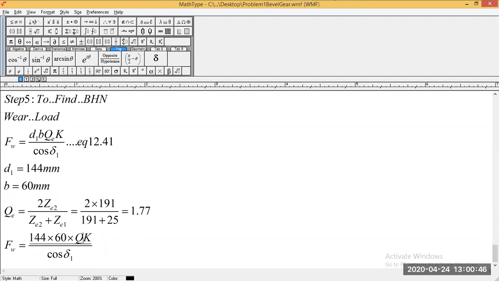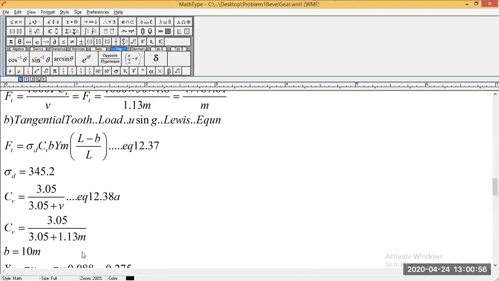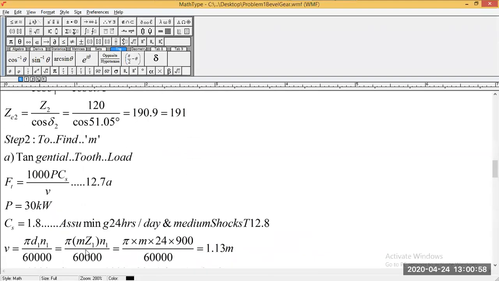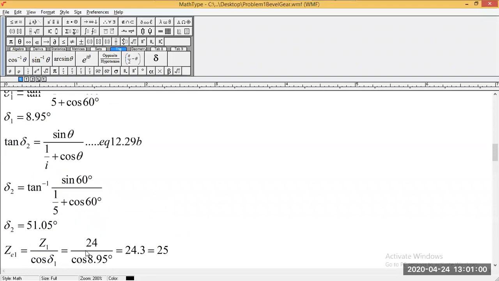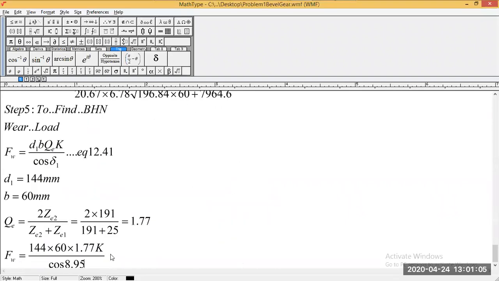So this is 1.77 K over cos delta 1. Delta 1 is 8.95, right?